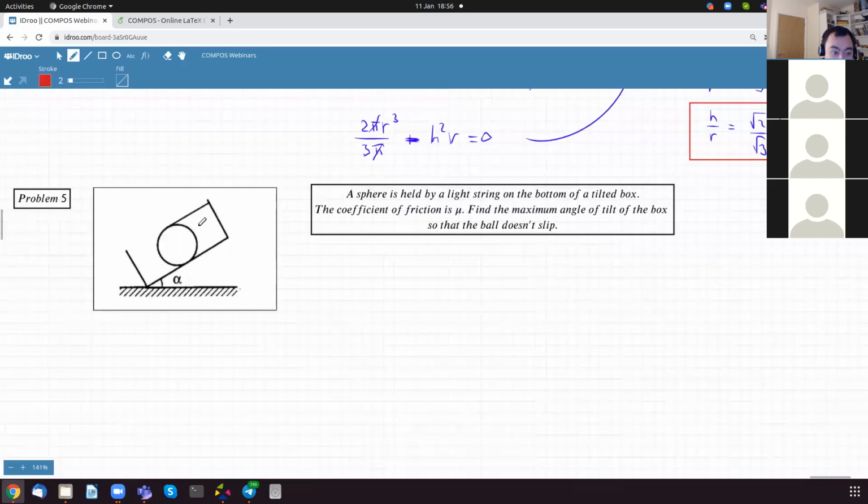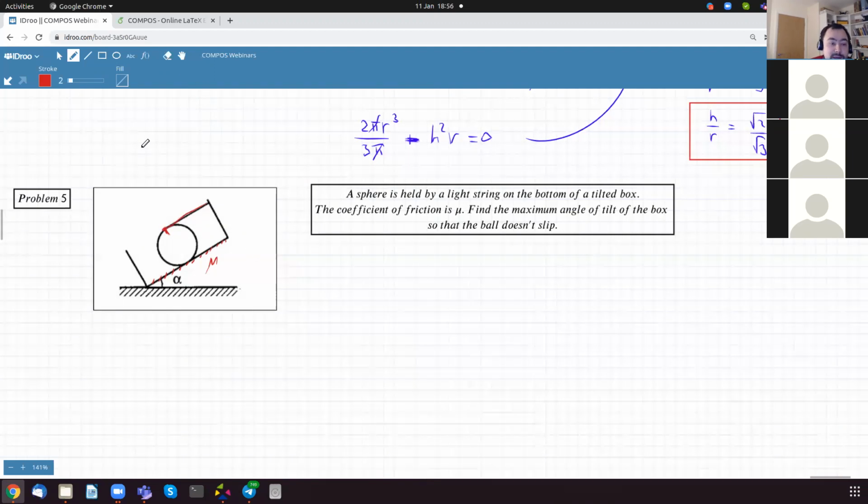So just to be clear, when we say mu is the friction coefficient here between the ball and the surface, mu, and the string is held, well, let's say there's a small nail which is hammered into the sphere, and the rope is attached to this nail. Just to understand that we're on the same page, that we're talking about the same thing.